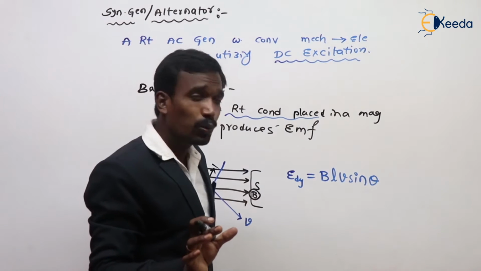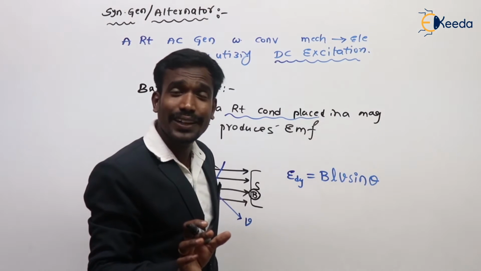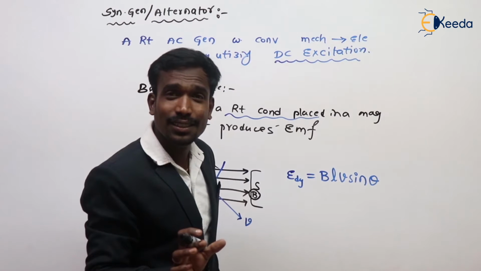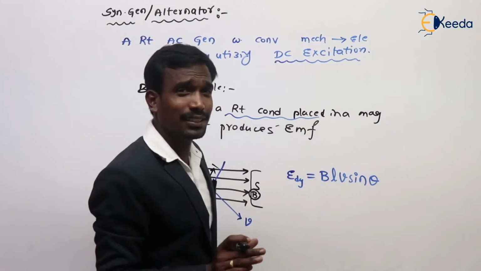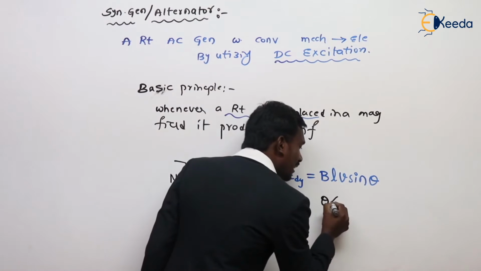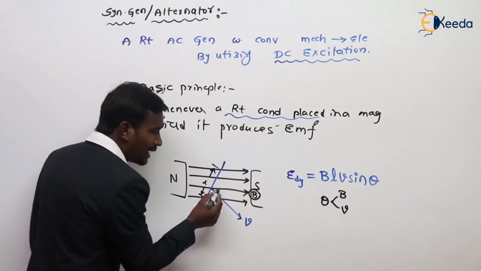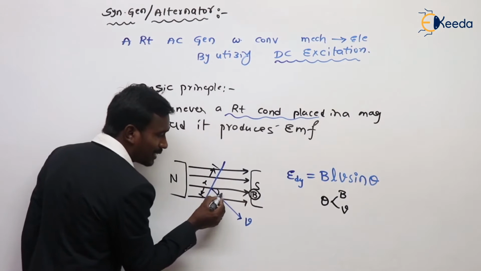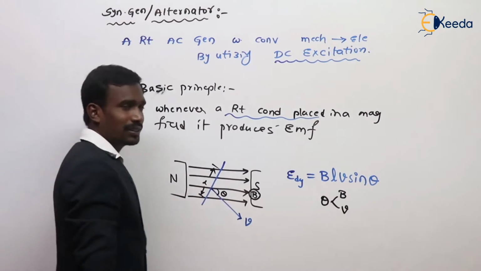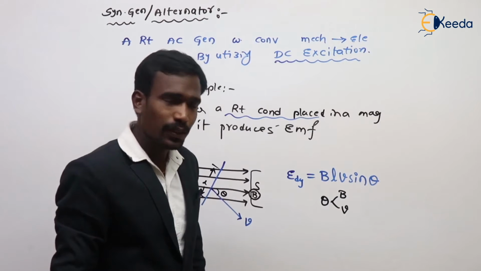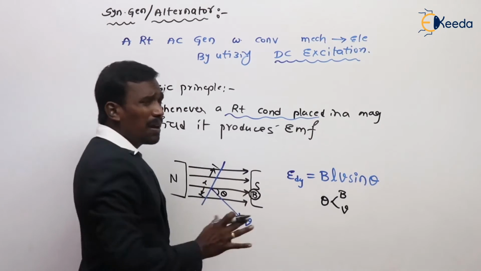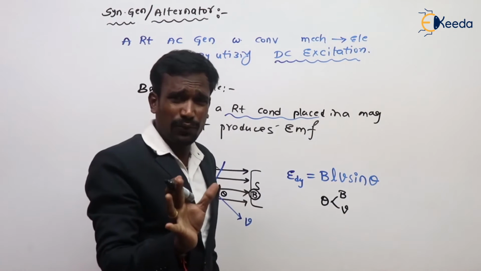But what is the theta? Can you give me the answer? Yeah, very good answer. Here, theta is the angle between flux density and the velocity. Okay, so this is the magnitude of induced EMF.